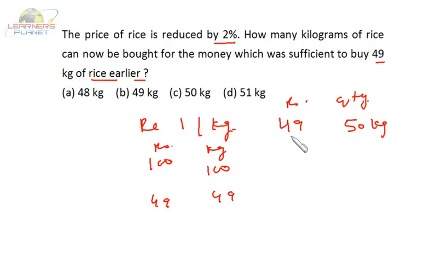So now we have 49 rupees and the price reduction is 2%. Initially the price for 100 kilograms was 100 rupees. Now it is 98 rupees only. So 100 kilogram can be bought for 98 rupees. That means in 49 rupees we can buy 50 kilogram. As simple as that. Okay, just think over the problem, you'll find it very easy.